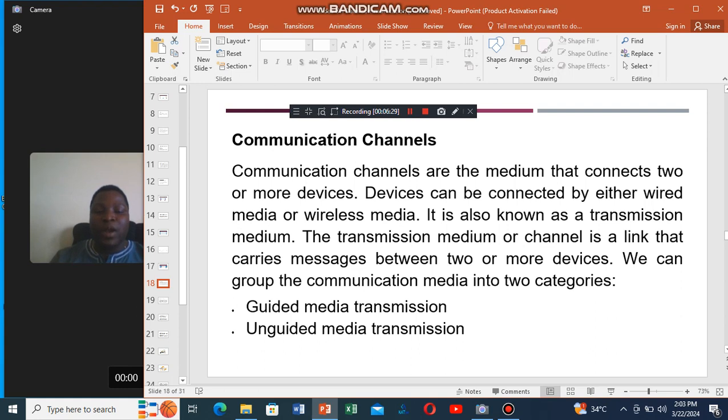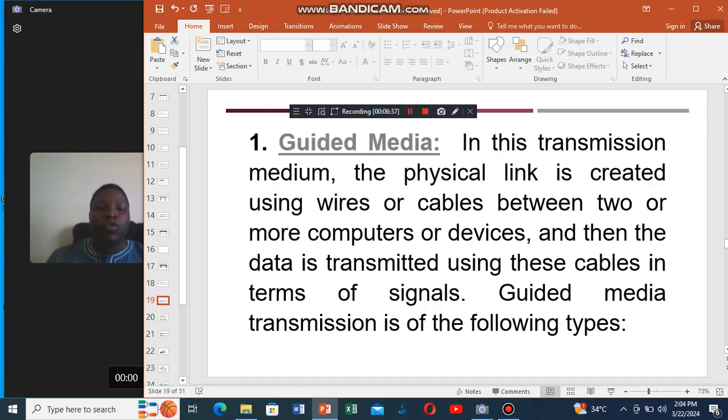We can group the communication media into two categories: guided transmission and unguided transmission. In guided transmission, the physical link is created using wires or cables between two or more computers or devices, and the data is transmitted using these cables in terms of signals.